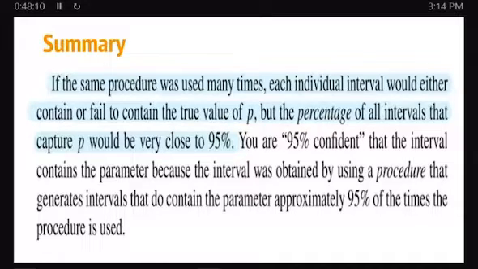You are 95% confident that the interval contains the parameter because the interval was obtained by using a procedure that generates intervals that do contain the parameter approximately 95% of the time. So if I'm 90% confident, it means that out of 100 intervals, only 90 of them will contain the true value of the parameter.